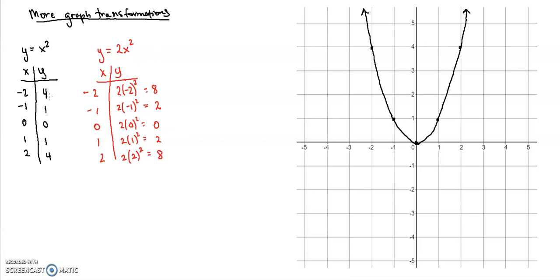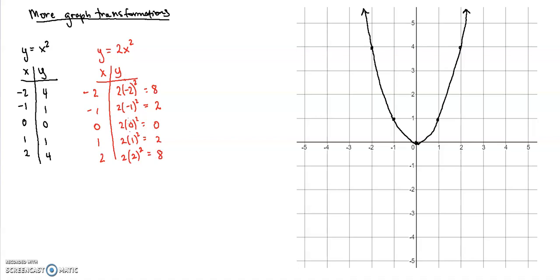Okay, so like we looked at before, what's happening here is we're doing our x squared. It's the same things that we saw over here. We're doing our x squared, and then we're multiplying by 2. So we're doing 2 times 4, 2 times 1, 2 times 0, 2 times 1, 2 times 4. So what happens is all of your y values are going to double. So see how our y values have doubled from the original one?